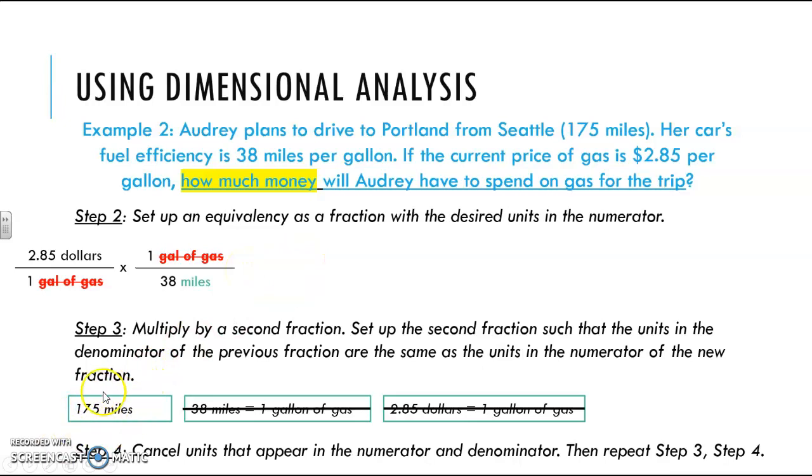And sure enough, I have 175 miles here as a bit of information to use. So I'm going to multiply by a fraction that has 175 miles over 1. Here, the units can cancel because I have units in the numerator and units in the denominator. And then we'll move on to the next step. You'll notice that the only units that are left are the desired units of dollars here.